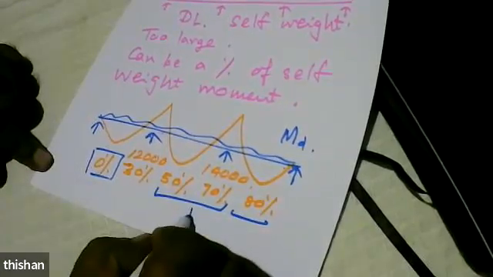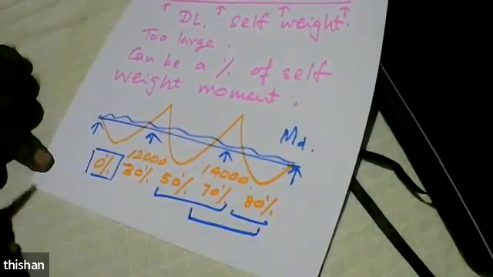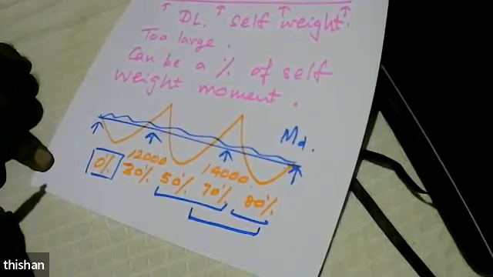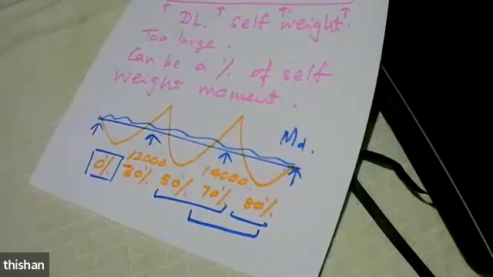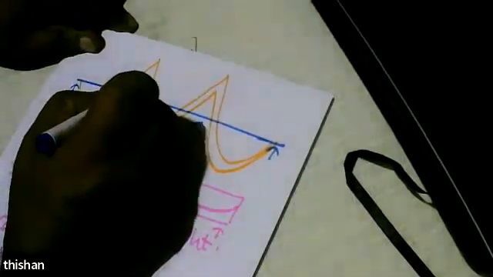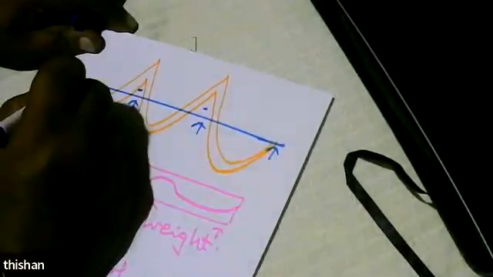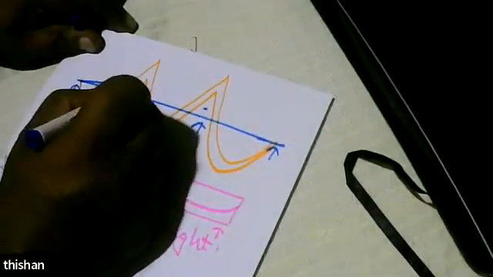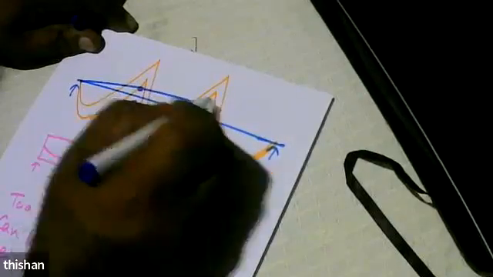So generally, I would like to stay somewhere 70 to 80% of the dead load moment. So if you are going to have 70 to 80% of the dead load moment, now I'm going to mark those values and then draw a new origin for the bending moment diagram.